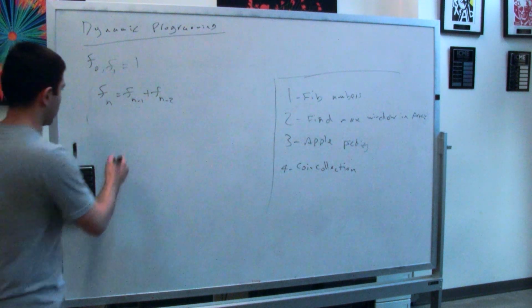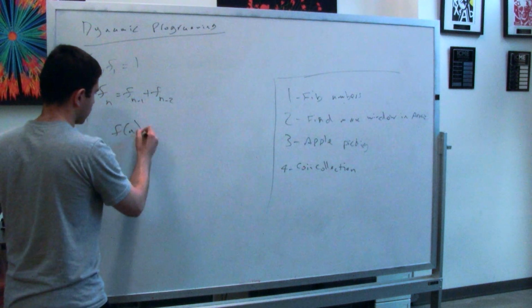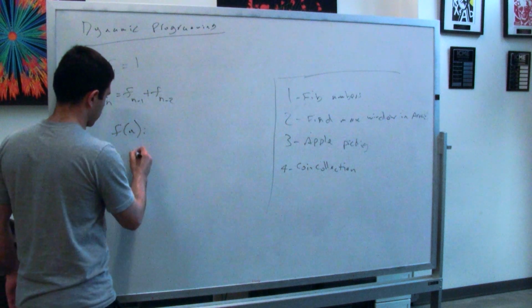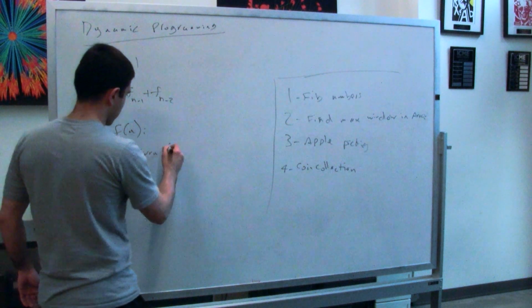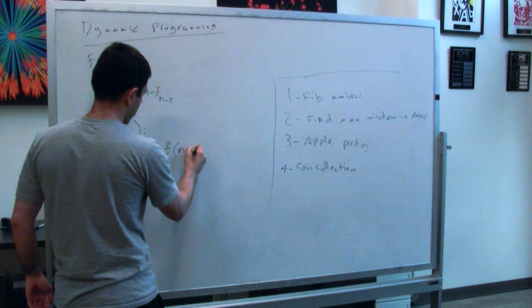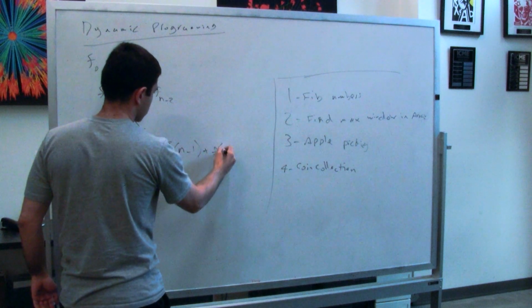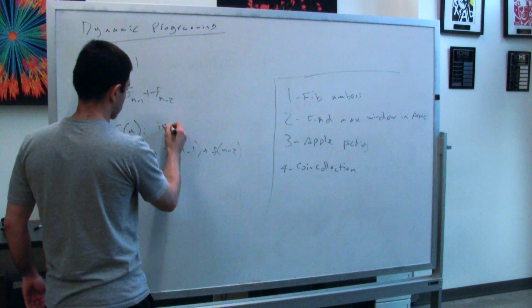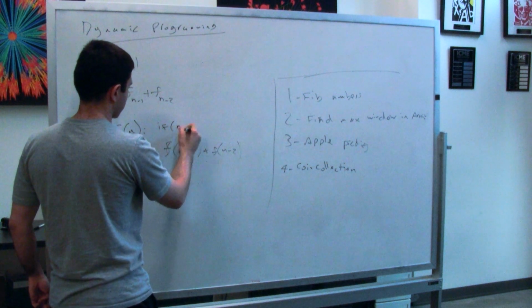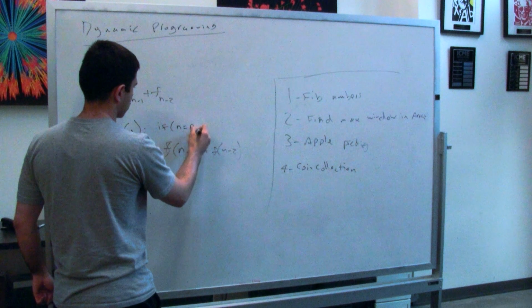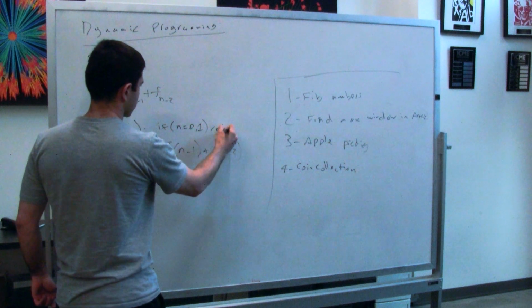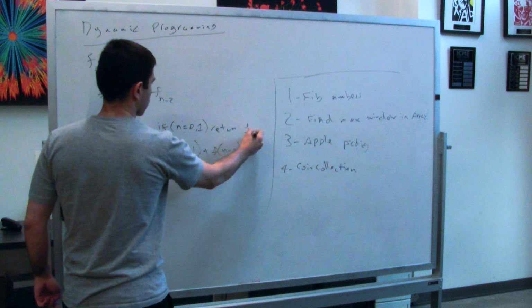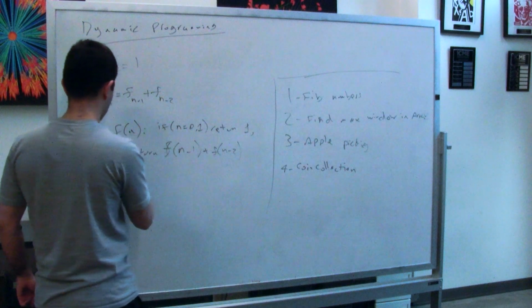You just define f of n to return f of n minus 1 plus f of n minus 2, and with just this if statement: if n equals 0 or 1, return 1, else. Okay?